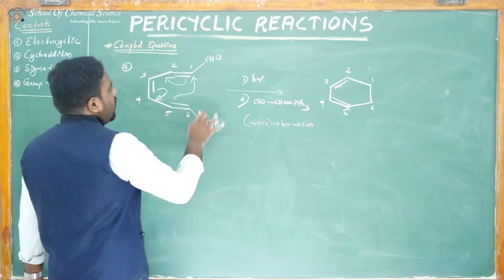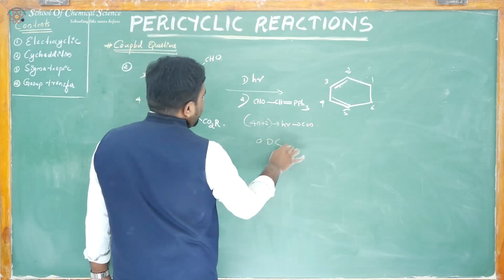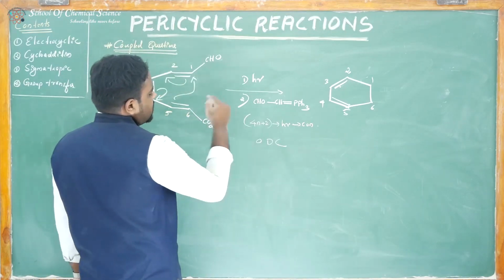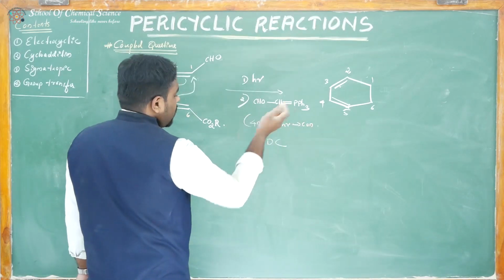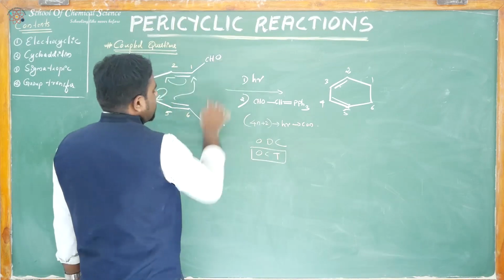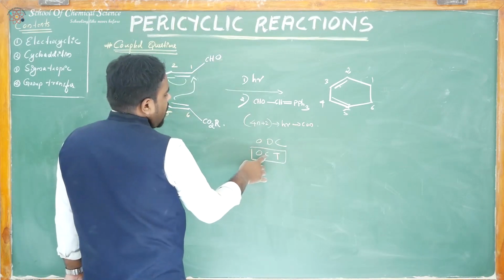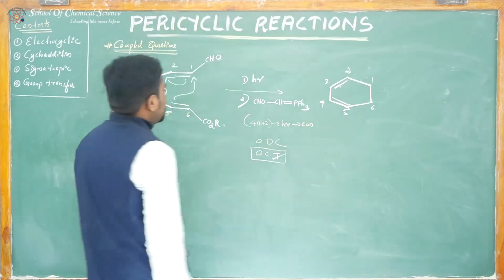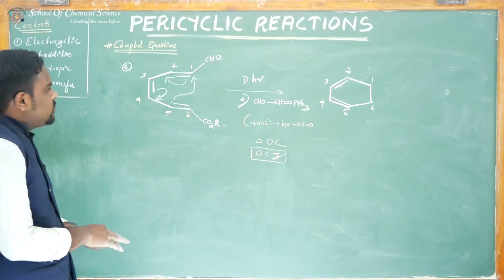Then the substituents are opposite, so you can follow the rule. Substituents opposite, disrotation, no, rotation is conrotatory. Substituents are opposite, conrotation, so definitely the stereochemistry of those two groups is trans to each other.